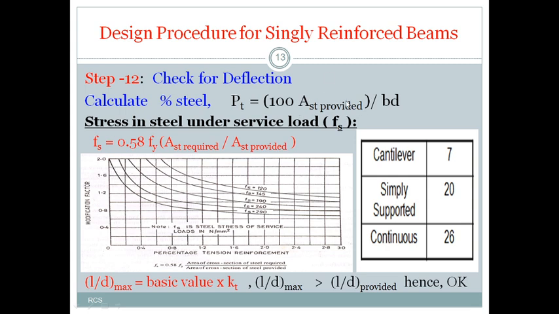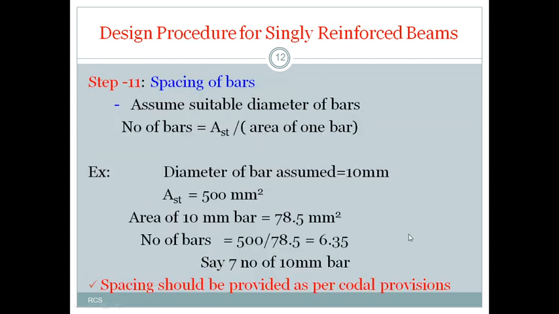Right. What is the meaning of AST required and AST provided here? A simple, small difference. Suppose in the earlier discussion I got the actual number of bars required as 6.35. According to that, the area of tension reinforcement required is say 500 mm square. But how much am I providing? 7 bars.